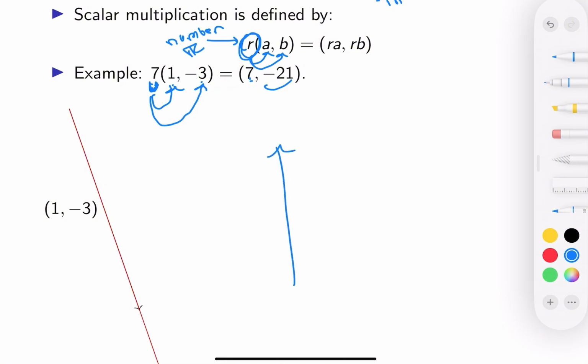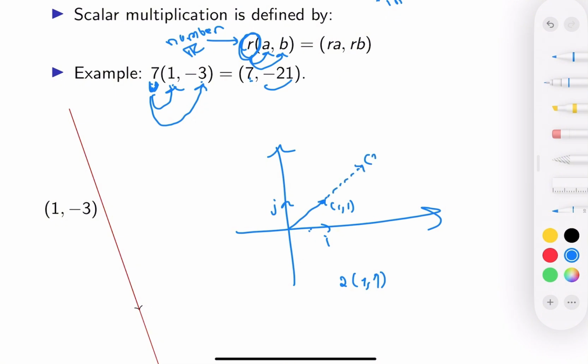Geometrically, again, I remind you, what does it mean? If you have this orthonormal system, i, j, and you have the vector, say, (1, 1), what does it mean to multiply the vector by 2? Right, this is the vector. Well, geometrically, it means that you scale this vector by 2, meaning you extend it as such.